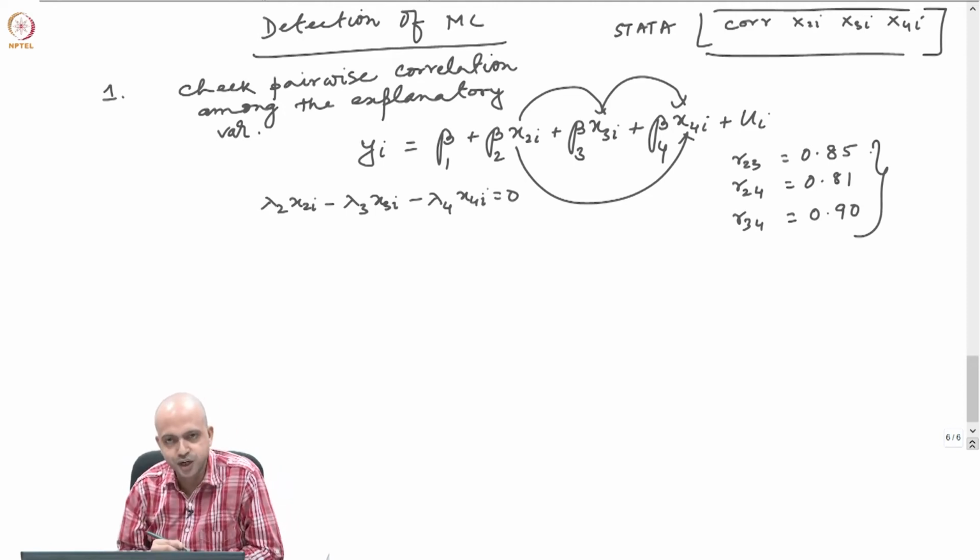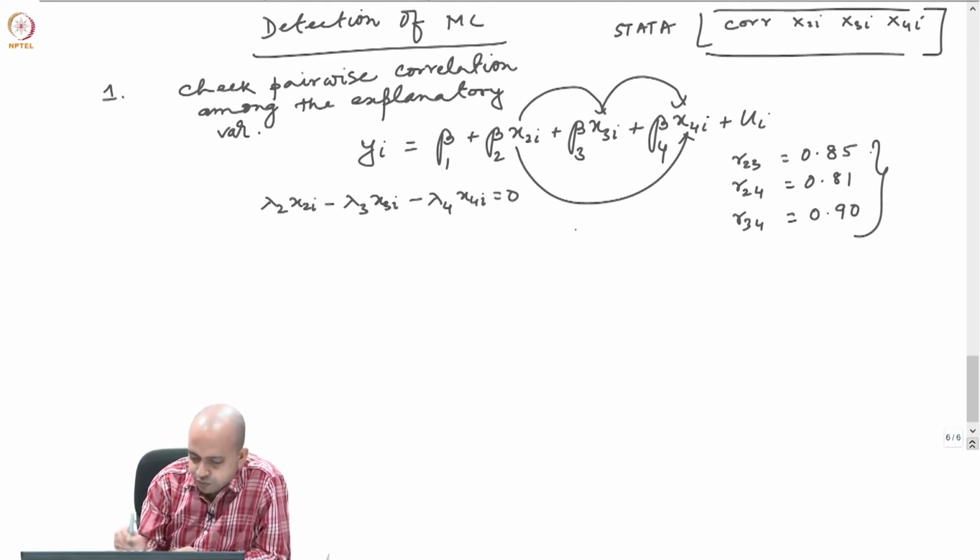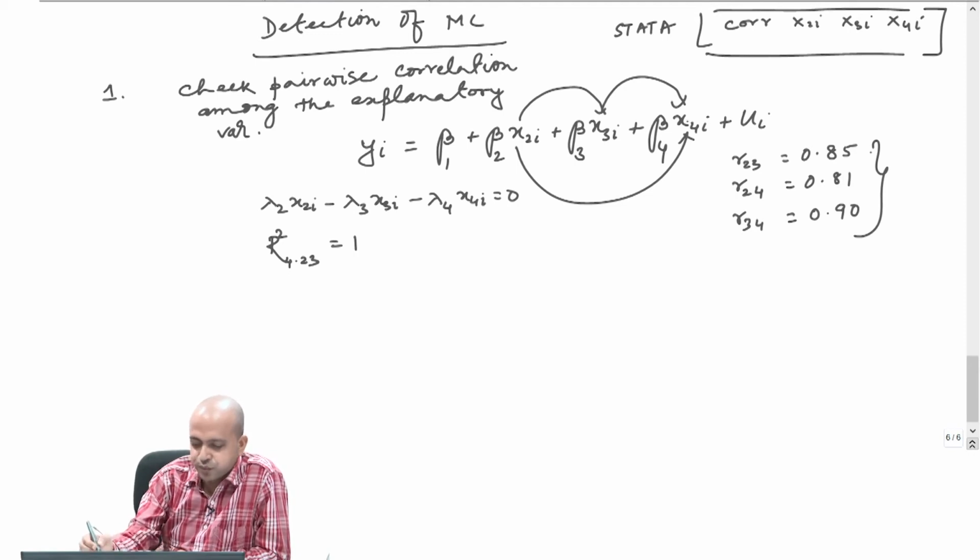There is perfect linear dependence. So, what can we expect from this relationship? We can expect that R square 4.23 equals 1. That means when I am regressing the fourth explanatory variable on the second and third explanatory variables, the R square from this model is coming out to be 1.